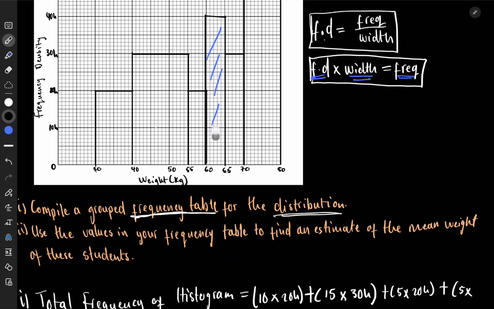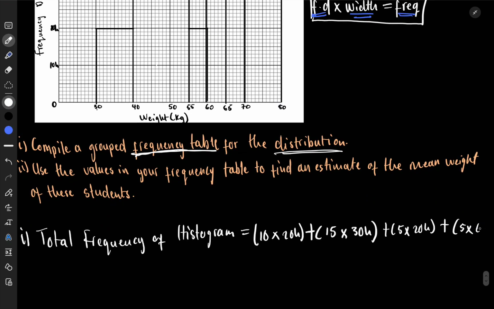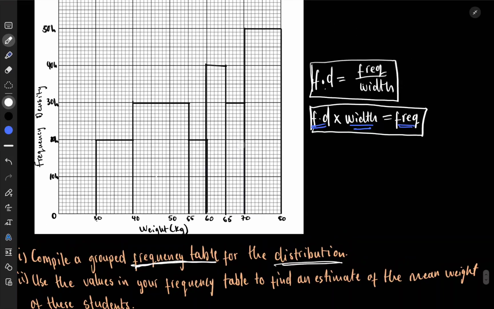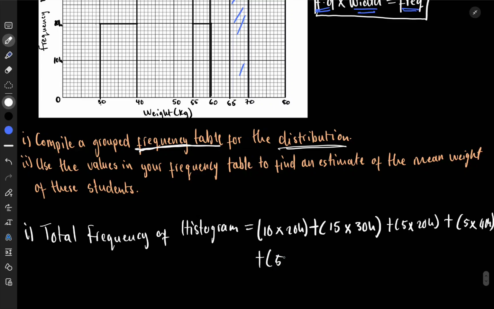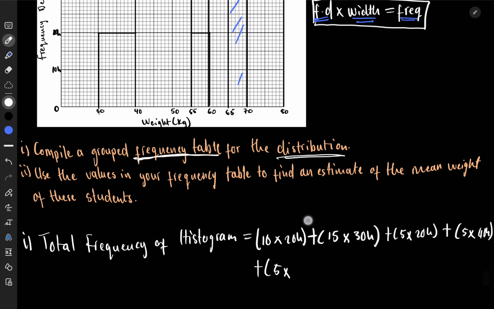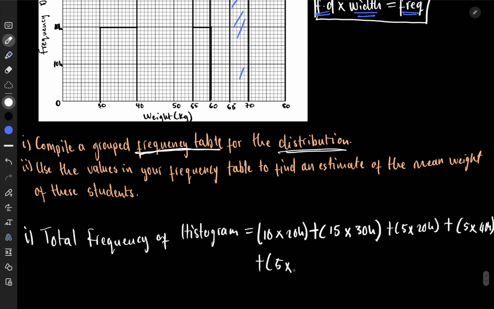Then plus the next one, 65 to 70, which is 5 as well, times the height, 30H.